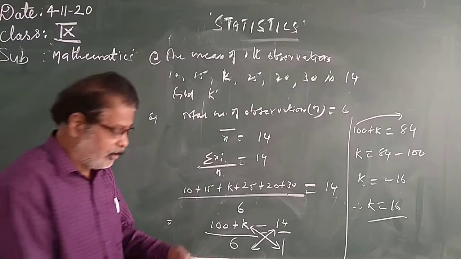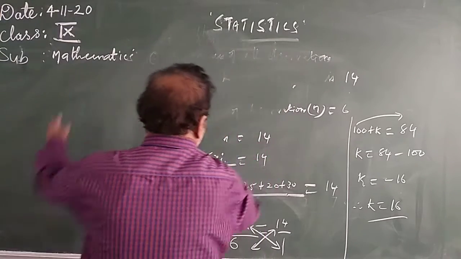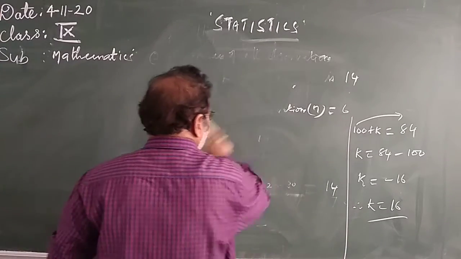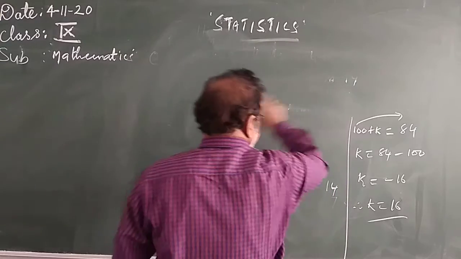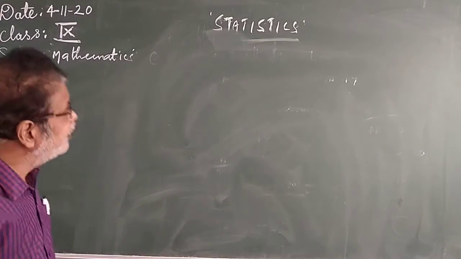Now the next model. The arithmetic mean you can find out by the deviation method. How to find by deviation method?